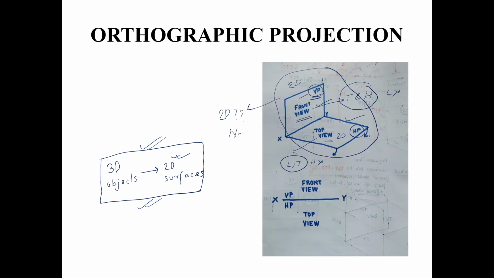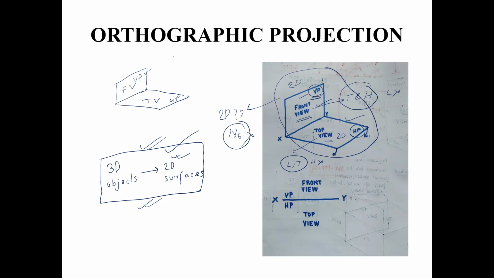The answer is no. If I draw the vertical plane like this and place the front view here, and if I draw the horizontal plane like this and place the top view here, can I say that all the details of the three-dimensional object have been represented on a two-dimensional surface? The answer is a big no.